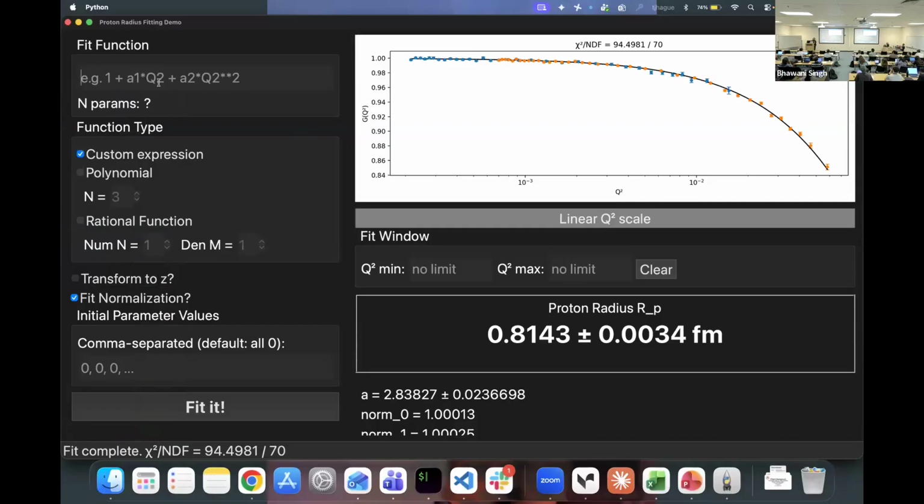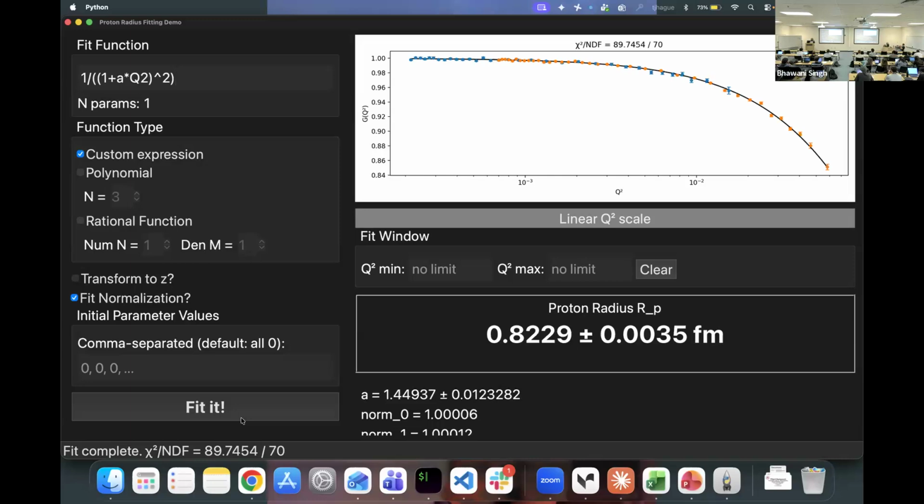Anything else? Or should we just talk about what other people have done? A dipole or something? Dipole, yes. So that's 1 over, oh geez, 1 plus a times q squared, all over parentheses.